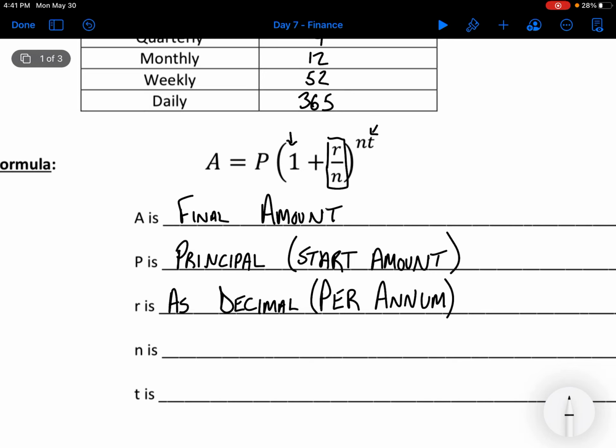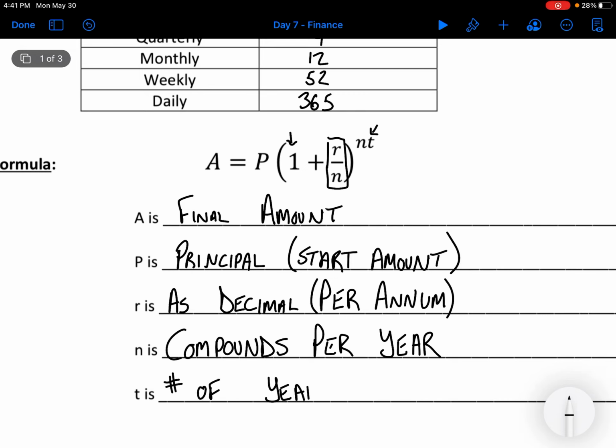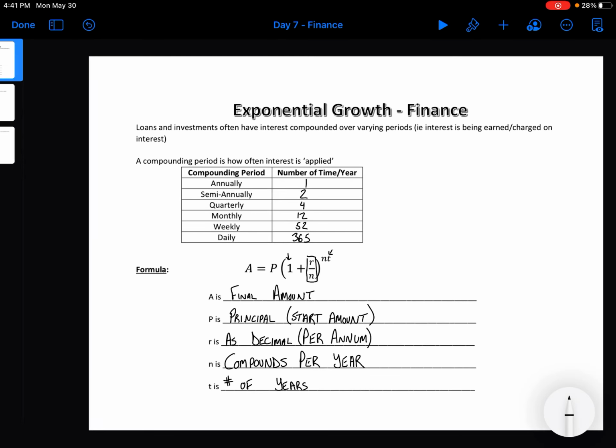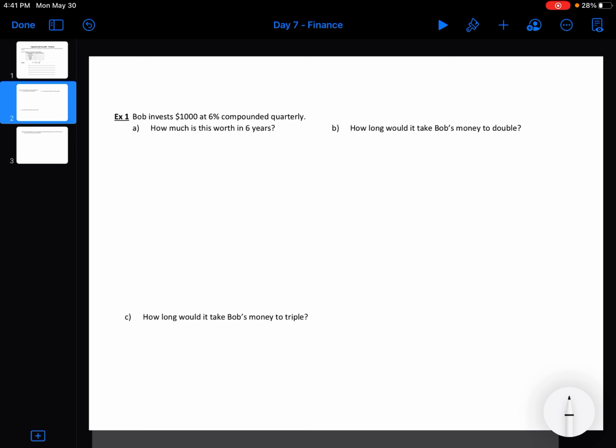N is the compounding period, so how many compounds per year? Like yearly, monthly, weekly, and so on. And then t is the number of years. All right, so that should be a common formula that you've seen before.